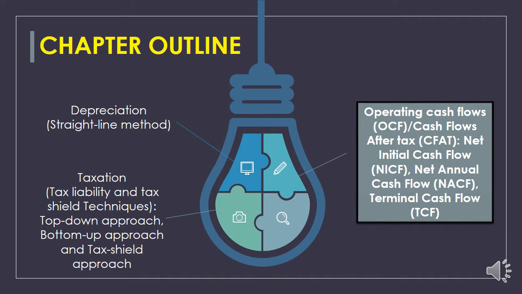And the third topic is cash flow, which will cover operating cash flow, OCF, cash flow after tax, CFAT, net initial cash flow, ICF, net annual cash flow, ACF, and terminal cash flow, TCF.